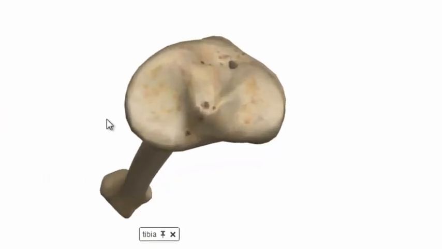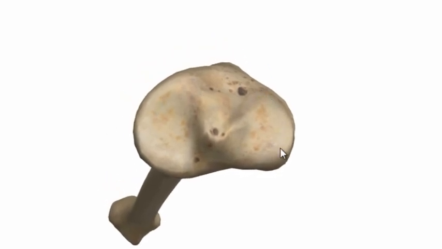This is the articular surface of the tibial condyles. Medially, we're looking at the superior surface of the medial condyle, and here's the superior surface of the lateral tibial condyle. In between these two condyles you've got the intercondylar region.